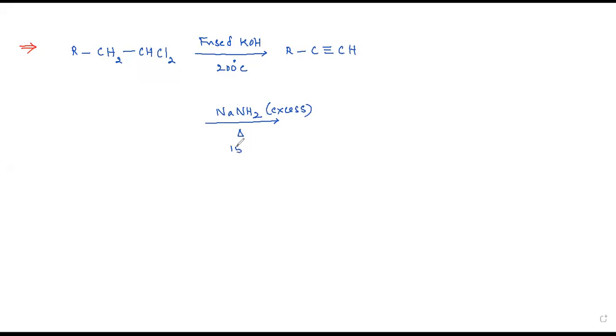On heating to a temperature of 150, we get RC triple bond C minus and Na plus. Of course, we get a hydrogen, but that is replaced by Na plus. But further on treatment with an acid, I mean in acidic medium, this becomes an alkyne. Okay.